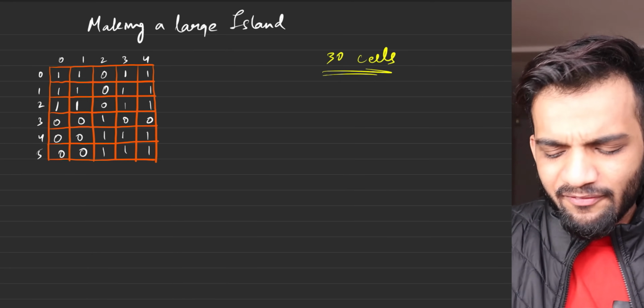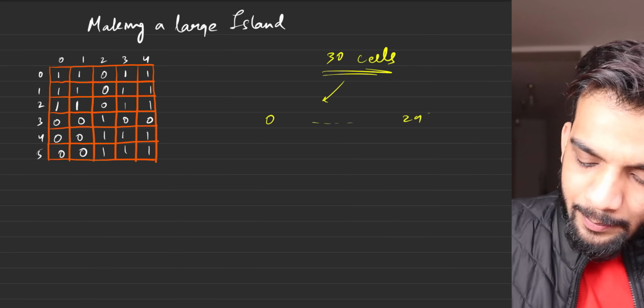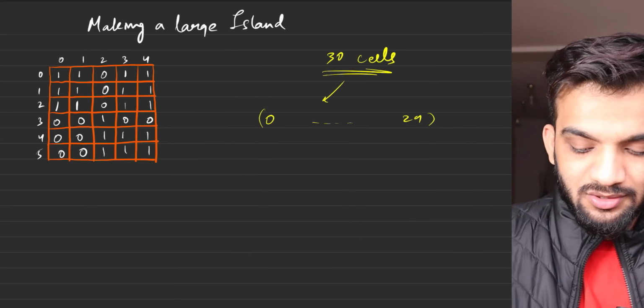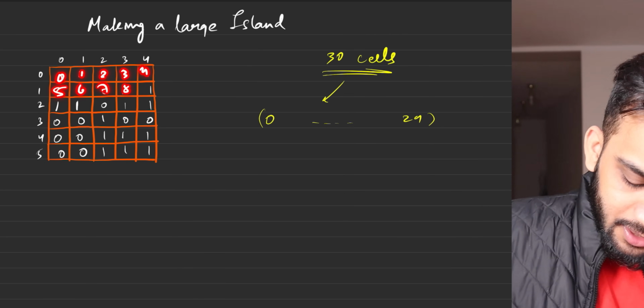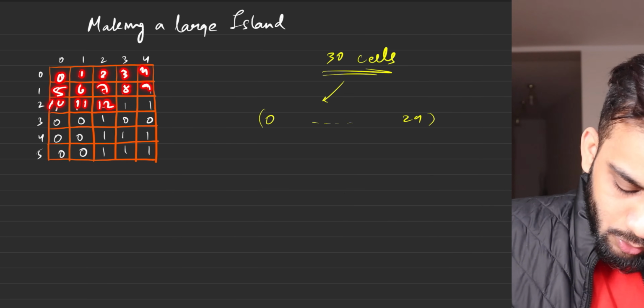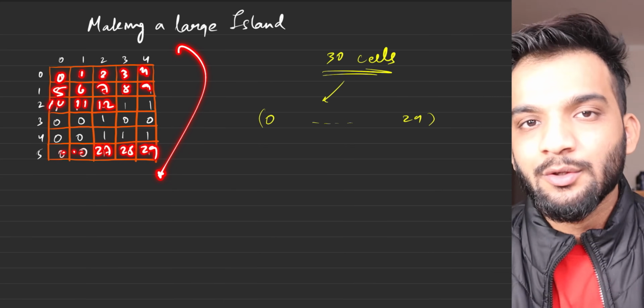I'll represent every cell from number 0 to number 29 in zero based indexing. Now, how will I do this? Very simple. 0, 1, 2, 3, 4, 5, 6, 7, 8, 9, 10, 11, 12, and so on, 27, 28, 29.